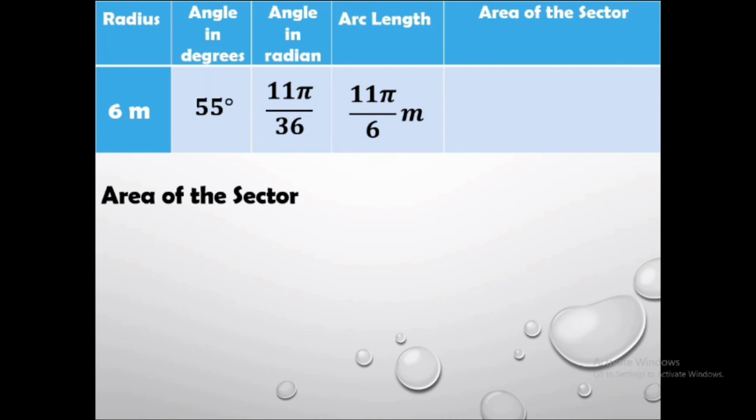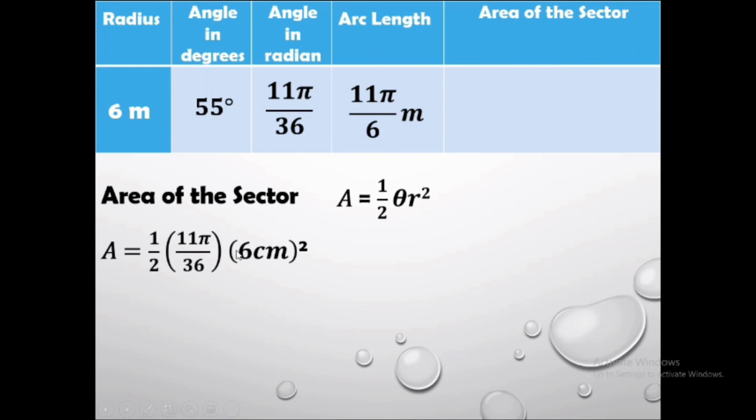For the area of the sector, we are going to apply the formula, which is A equals 1/2 theta r squared. So, theta, or the radian, is 11 pi over 36 times 6 centimeters squared.